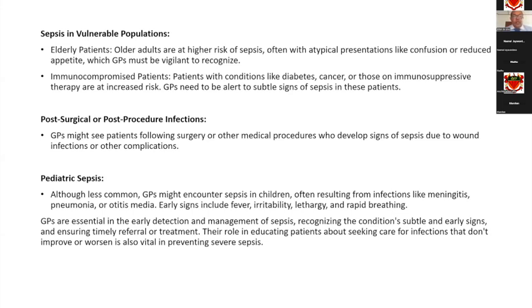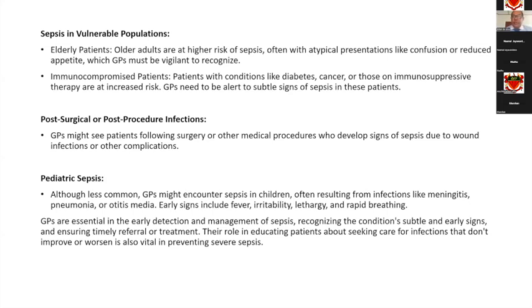So when there are early signs of fever, irritability, lethargy and rapid breathing, we always make sure that we give the patient the benefit of the doubt. And if the signs are there, we always make sure they go to the next level of care.